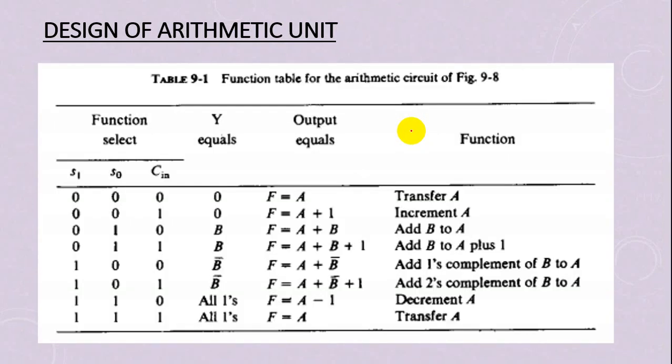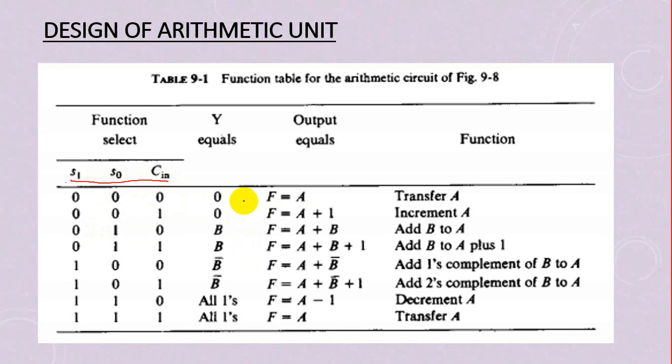So this is the summary of our entire operation of the arithmetic unit only. In this case, look at over here. This is the selection pin, function select: carry in, S0, S1. So it can be 0, 0, 0, 0, 0, 1, 0, 1, 0. So we summarize.